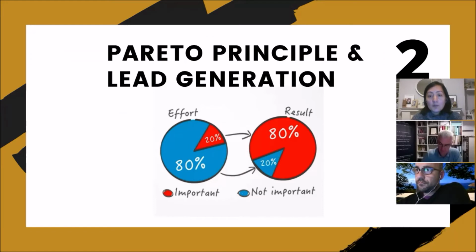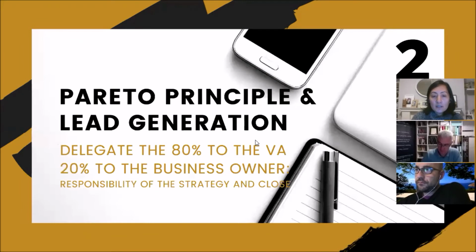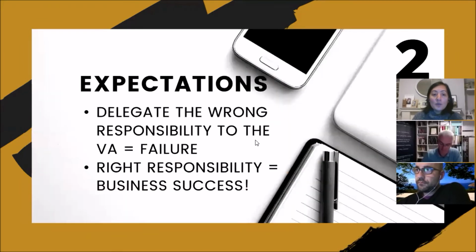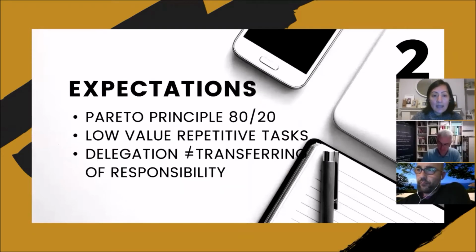And on the flip side, we've got 20% of effort, and that achieves 80%. So as I mentioned earlier, it's knowing what to delegate to the VA to achieve business success. And what I want to emphasize here is that when you delegate, you mustn't equate that to transferring of responsibility.